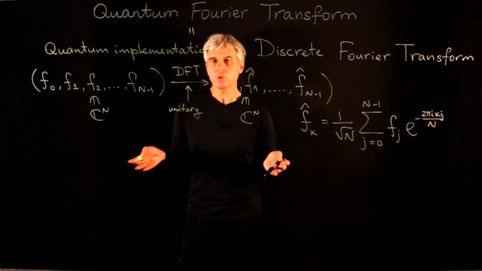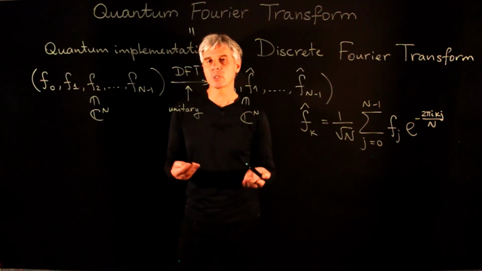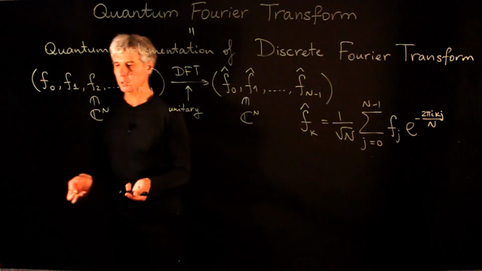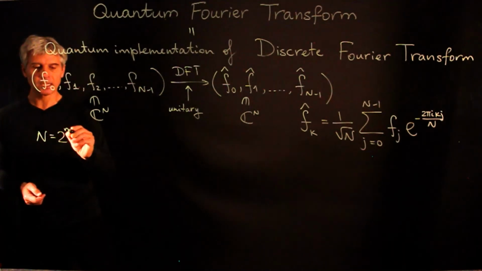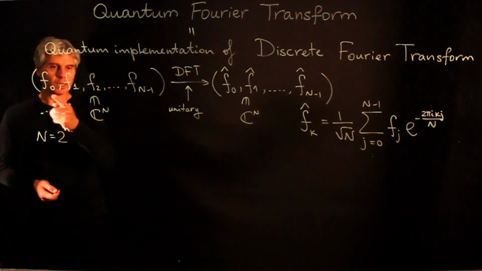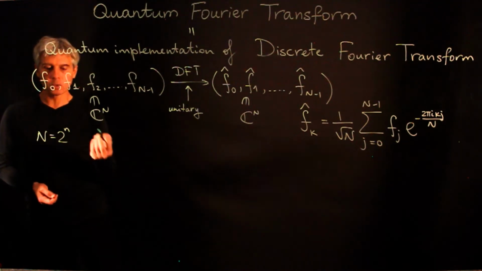If we have a unitary transformation, we can interpret this as an operation on quantum space of bits. In this case, we only need to set that n is 2 to the little n.